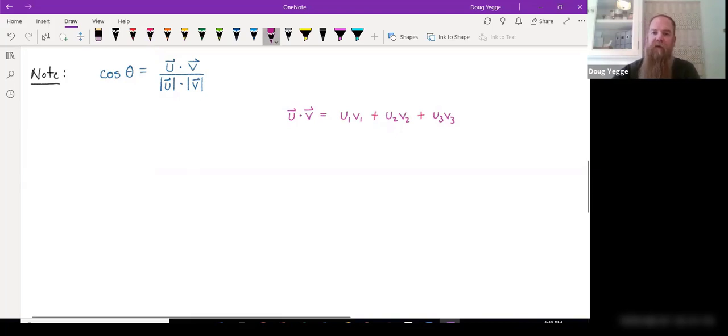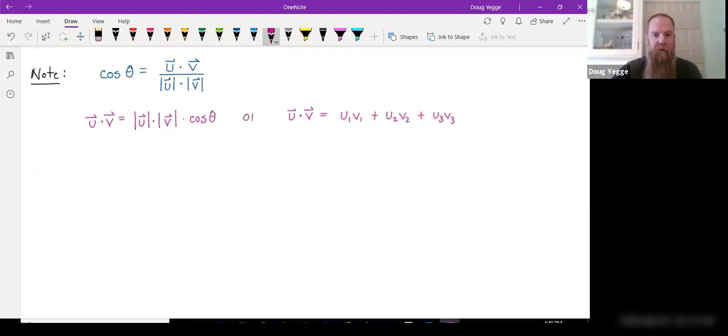But it turns out that there is another way to think about the dot product as well. If I want to get u dot v by itself here, I could also just multiply both sides by the magnitudes, okay? So that must mean that the dot product could also be thought of as the magnitude of u times the magnitude of v times cosine of theta.